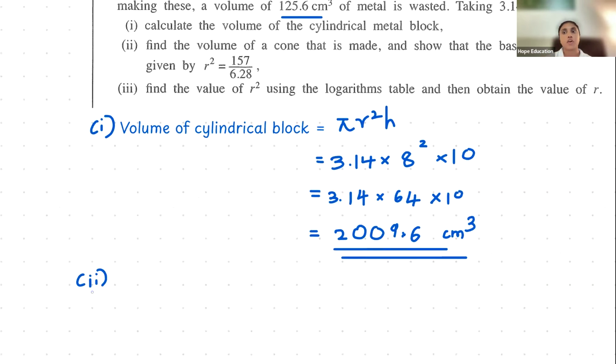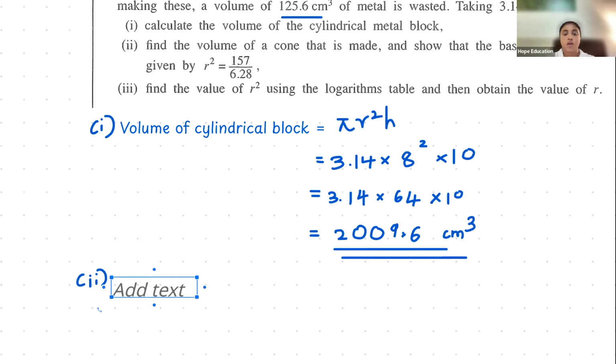How do we get the volume of a cone? Volume of a cone is 1 over 3 pi r squared h.